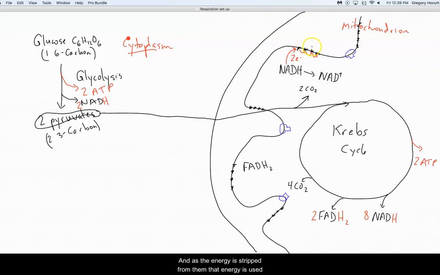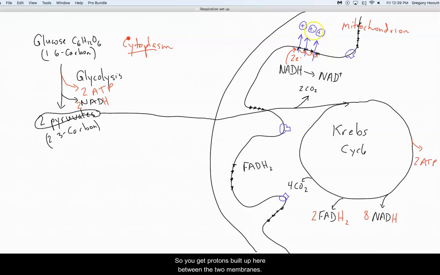And as the energy is stripped from them, that energy is used to pump protons from the inside of the mitochondrion into this space between the 2 membranes.